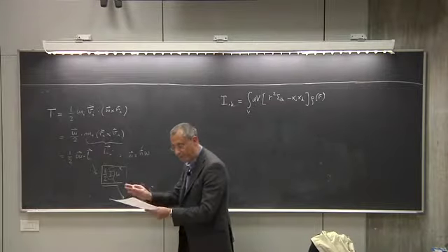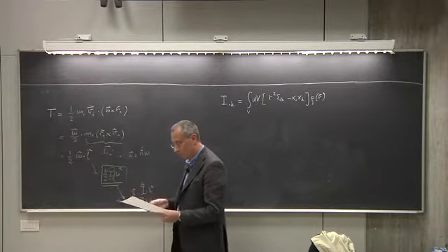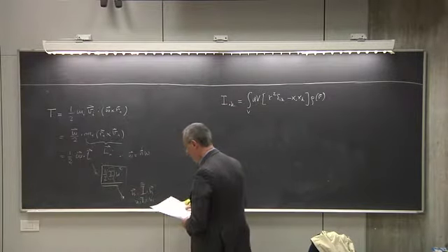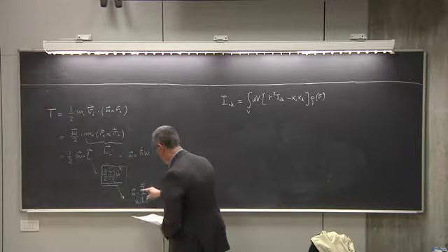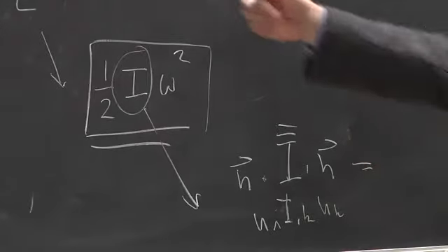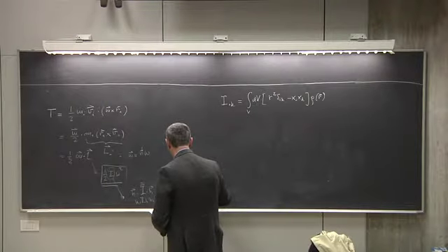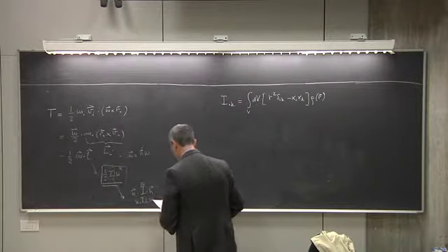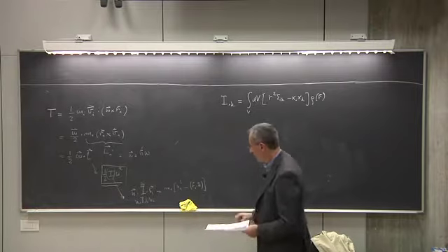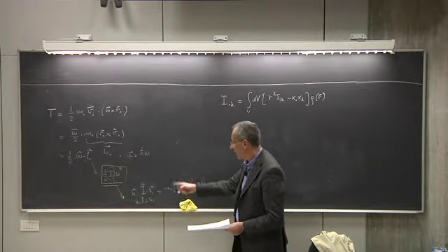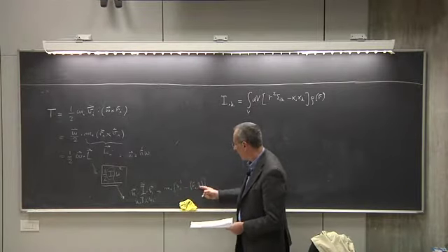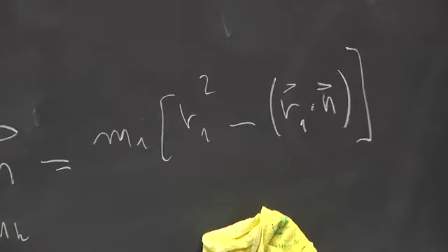Okay, so you define some axis, and then you compute the component of this tensor about that, because you see what this thing is. If I plug it back, it is mi ri square minus ri scalar n, squared. So you see it is taking the component of that tensor about this axis n that you define.